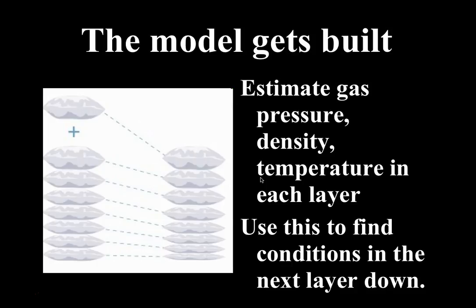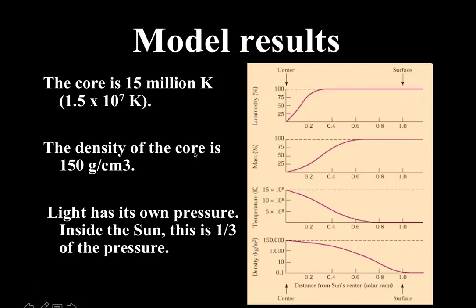Okay, so this is our basic model, and now we can estimate such things as pressure and density and temperature for our sun at the core, and then see what happens when it comes to the outside, and then compare our measurements of the outside surface with that from our model. And we find that it works pretty well.